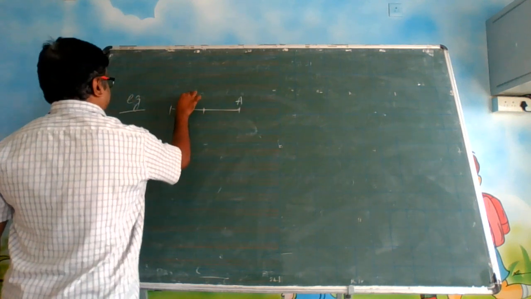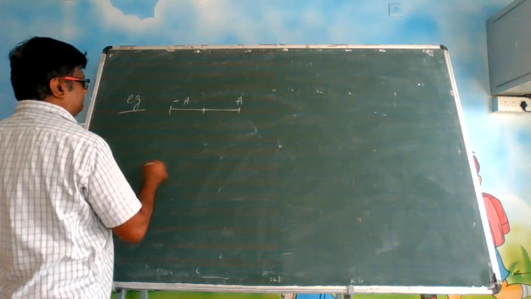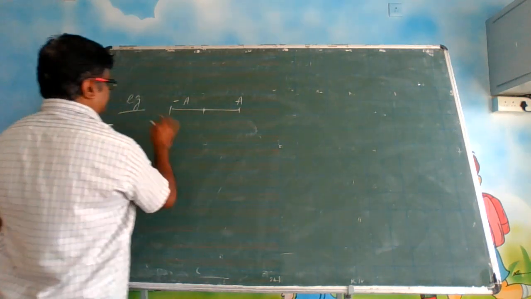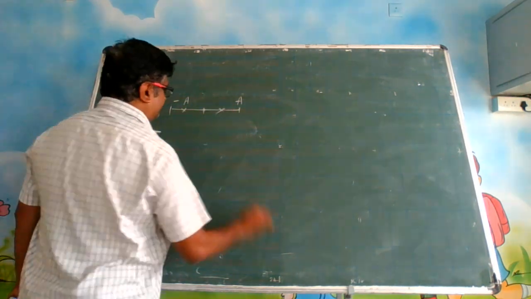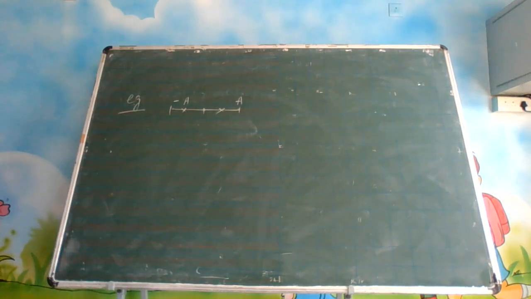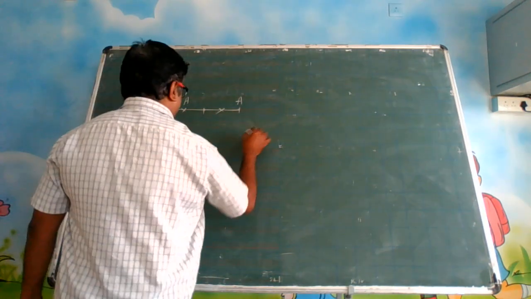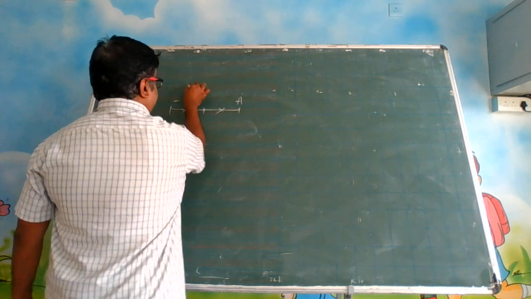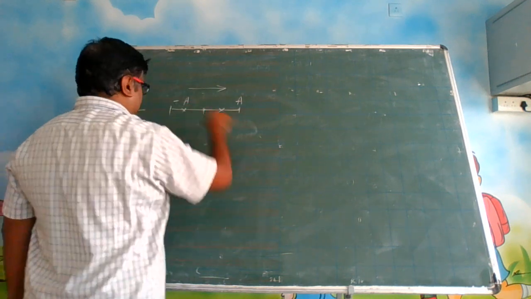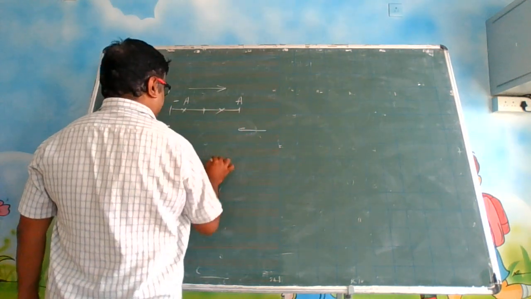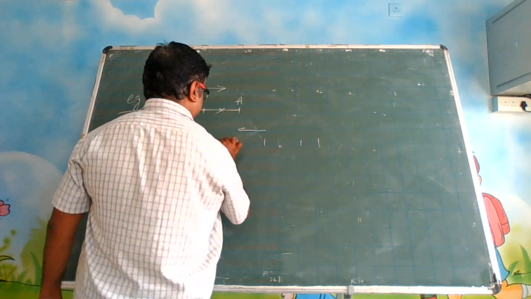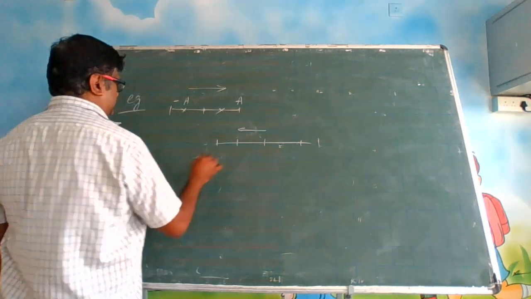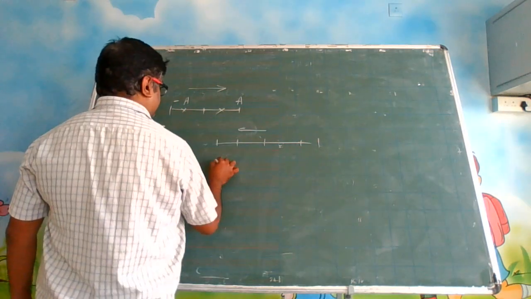This corresponds to plus A and this corresponds to minus A. There is one motion happening like this, with this point at A by 2, and another motion happening in the opposite direction.